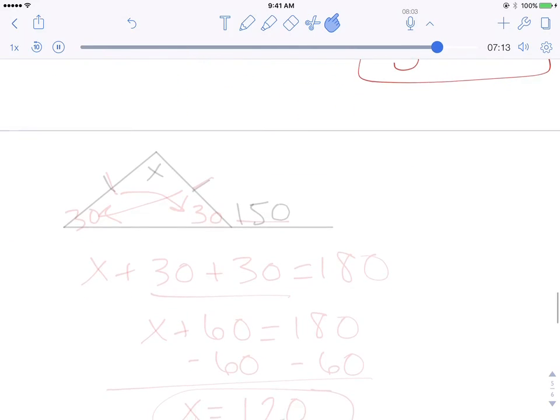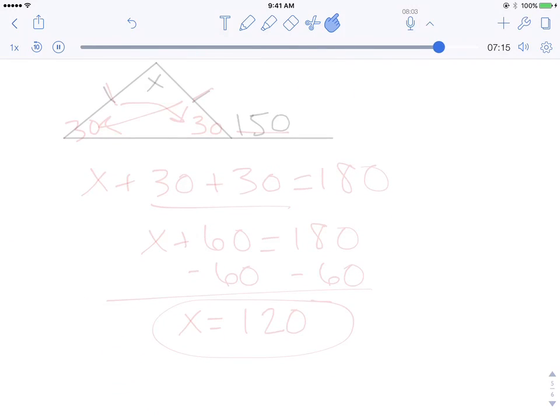In our last example, we are given that this angle here is 150. Since we know that's a linear pair, we know that this is supplementary. So this angle would have to be 30. We are given our congruent markings, which means the angles opposite those sides are congruent.